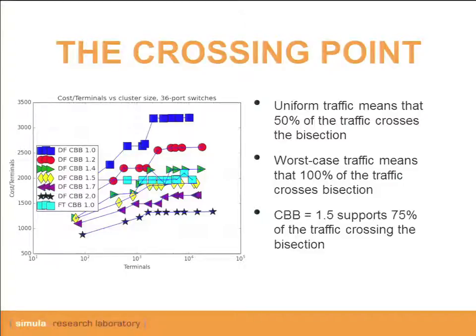How bad does the traffic have to be before you should choose the fat tree above the Dragonfly? It turns out it's at around CBB equals 1.5. And at CBB 1.5, you can have 75% of your traffic crossing the bisection without any contention if you have a good routing algorithm. That appears to be the crossing point.